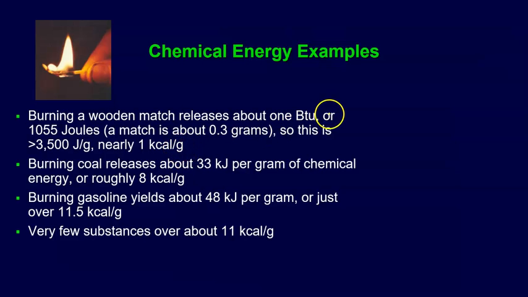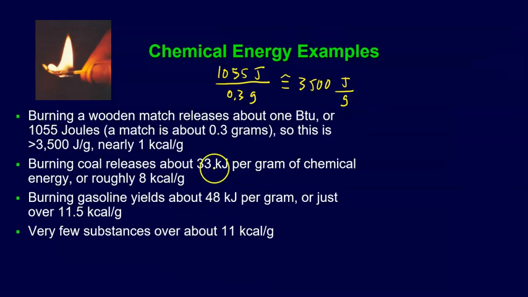For this burning match, we can use the numbers we have here: 1055 joules, divided by the grams. A typical match is about 0.3 grams. When I did that, I got roughly 3,500 joules per gram.